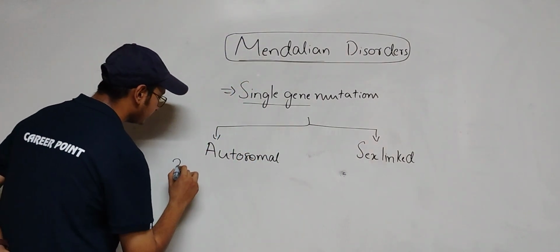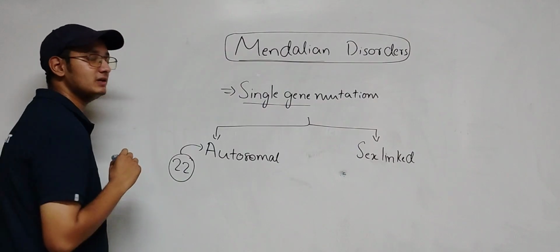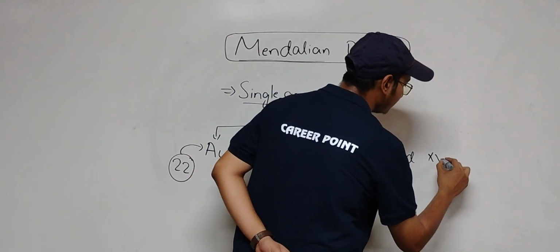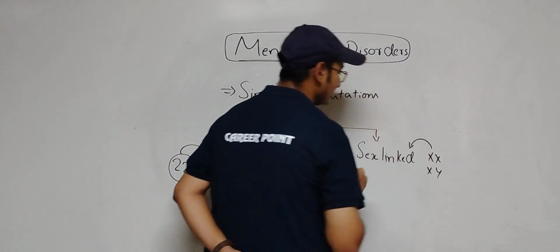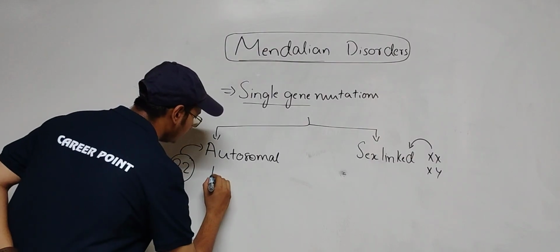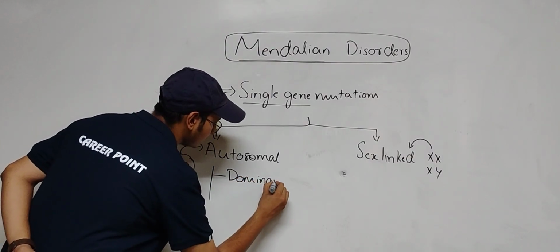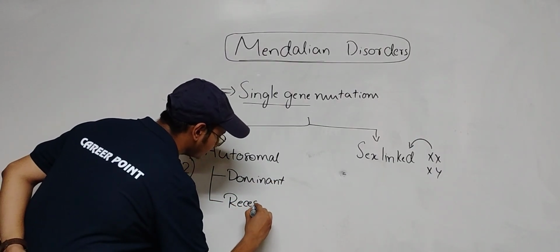If there is any defect in those 22, it leads to autosomal disorders. If there is any defect in the remaining one pair, which might be XX or XY, it leads to sex-linked disorders. Again, it is classified into dominant and recessive.